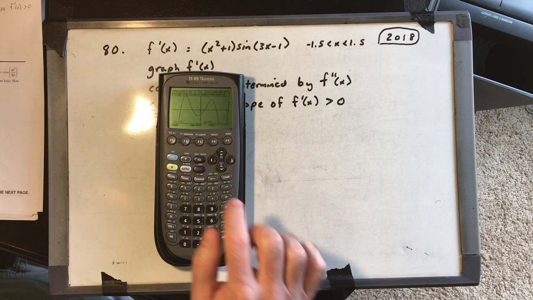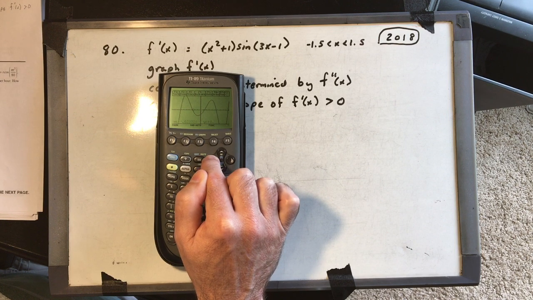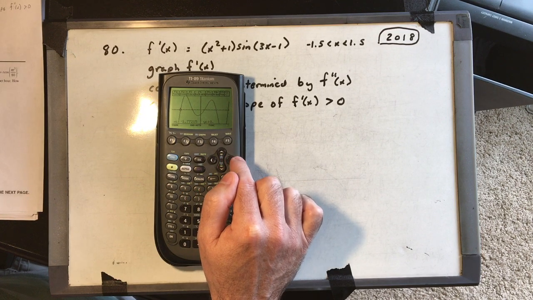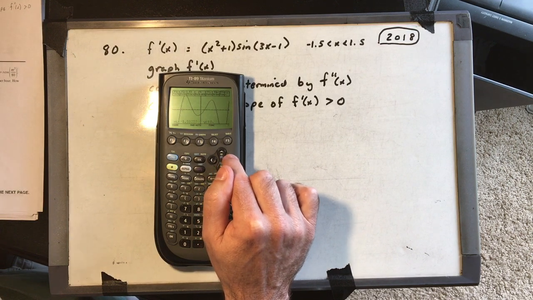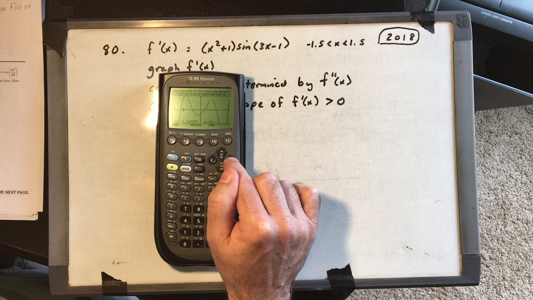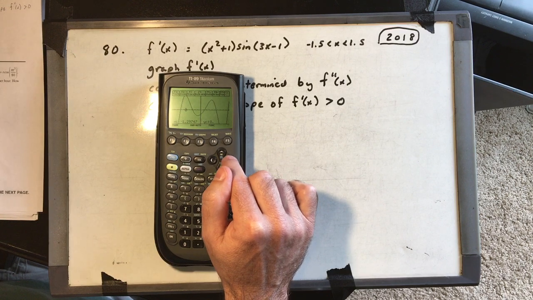Okay, so if we want to just move the crosshairs and see where the slope is positive. I'm moving to the very left. We're only worried about where the slope is positive. So it's at negative 1.5 is where we have to start. So that's where the tracker is right there. And the slope stays positive to about negative 1.3.